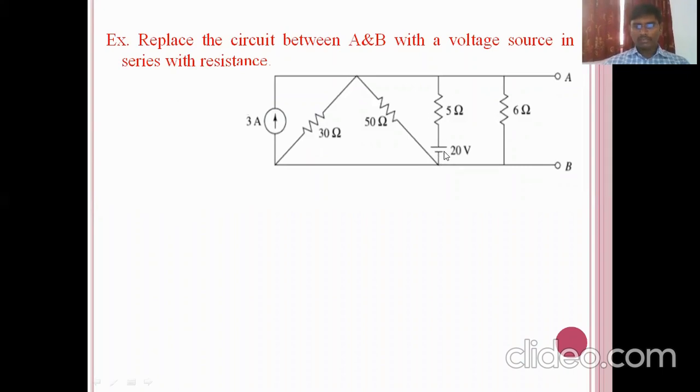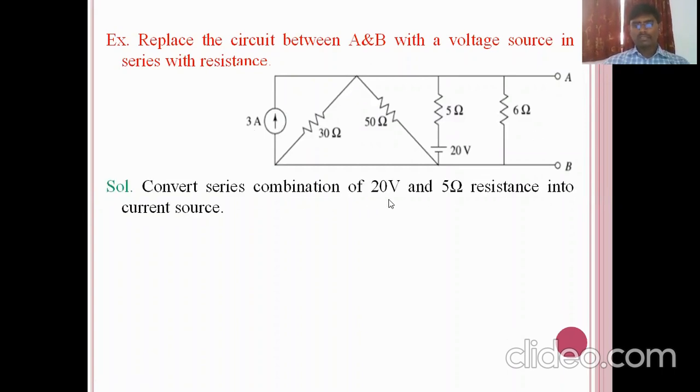You can convert this 20 volts in series with 5 ohm into an equivalent current source, or the 3 amps in parallel with 30 ohm into an equivalent voltage source. Here we are going to convert the 20 volt and 5 ohm series voltage source into a current source so that we can easily calculate the total current and total resistance of the network.